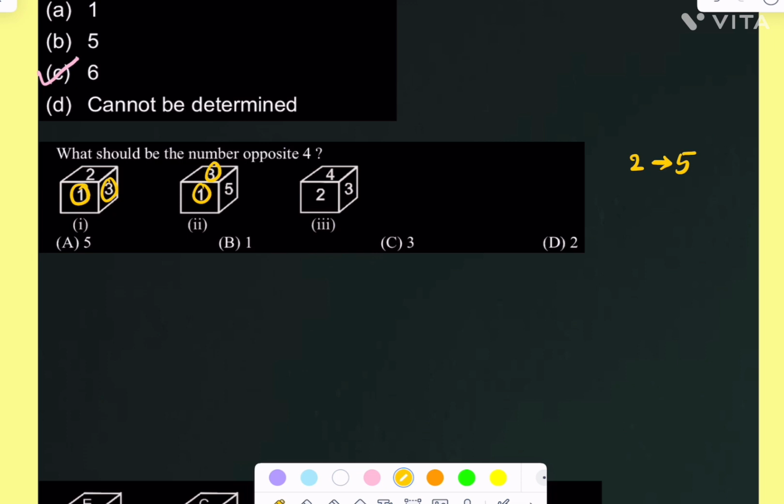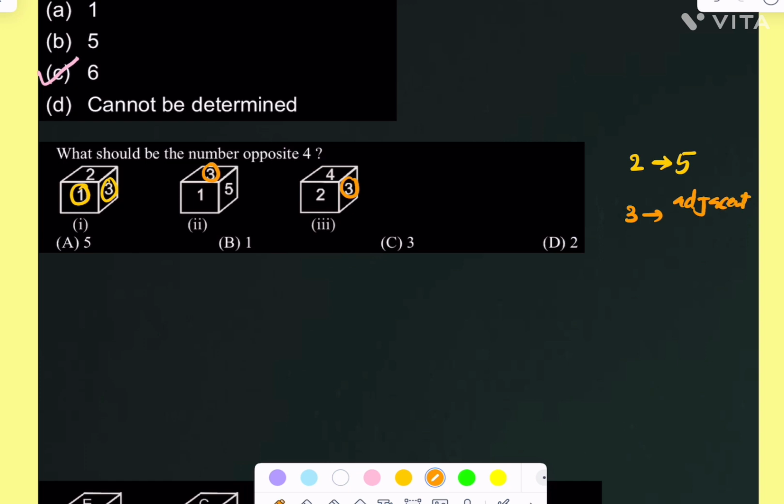Next one we'll take, second one, third one. If I take it, here only one face is the common one, that is 3, right? So two different positions are there, only one face is the common, and the remaining are adjacent faces.